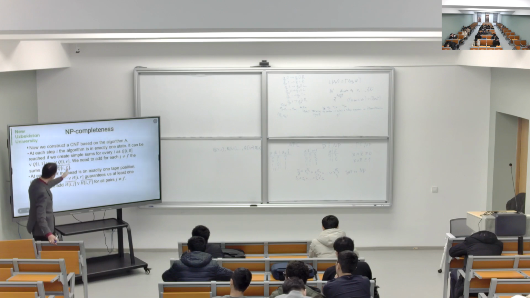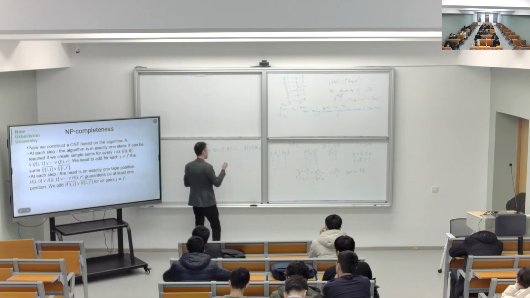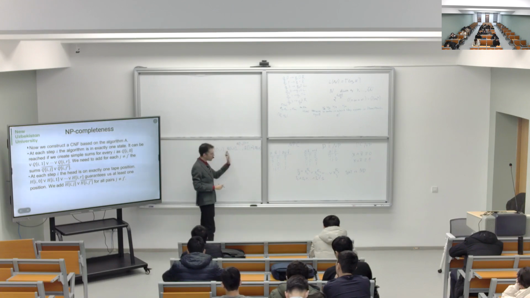In order for this thing to be satisfied, so to be equal to 1, this thing must be equal to 1. When is NOT equal to 1? When this is 0. So we will put all the pairs of this state. So let's say that Q_ij must be 1 and others must be 0.